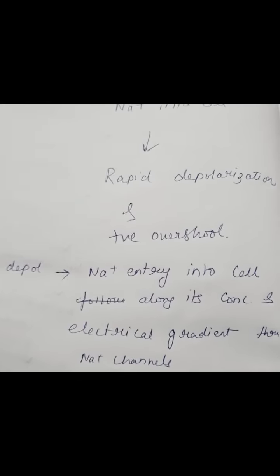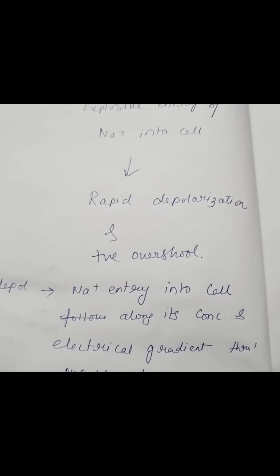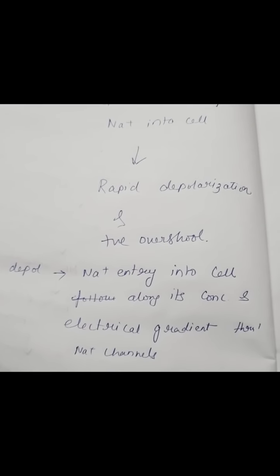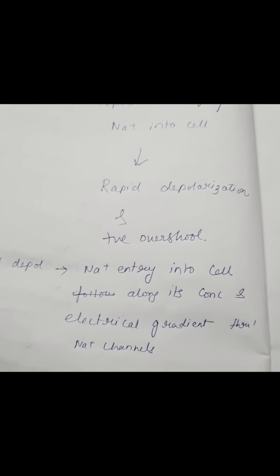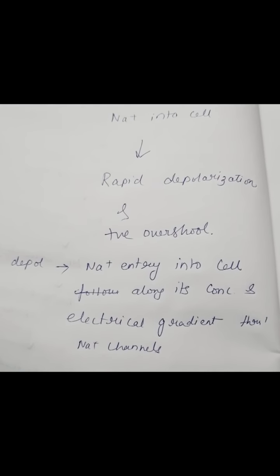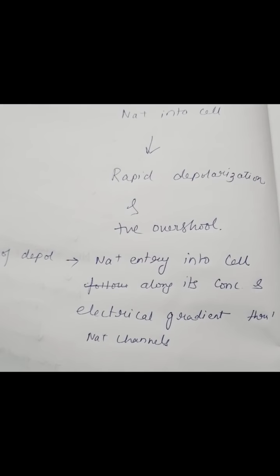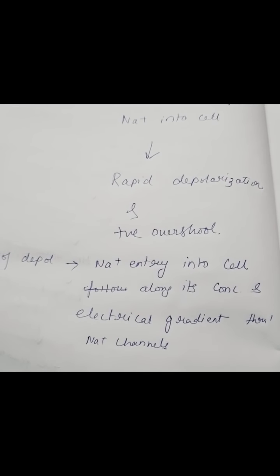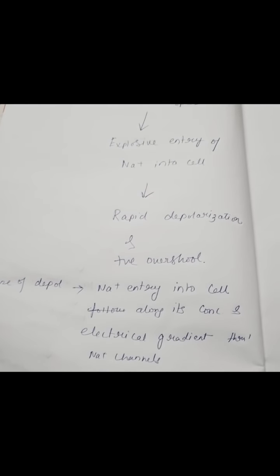Okay, this is due to explosive entry of sodium. So what is the cause of the depolarization? The cause of this rapid depolarization is basically sodium entry into the cell along its concentration and electrical gradient through the large number of open sodium channels. Okay, you understood what happens when you give a stimulus?